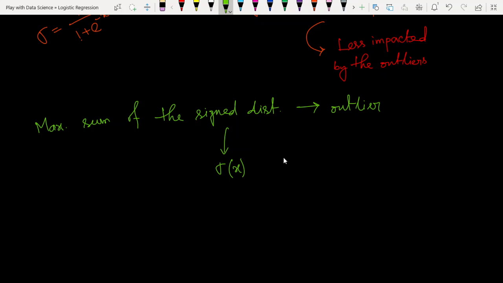And what has the sigmoidal function done?